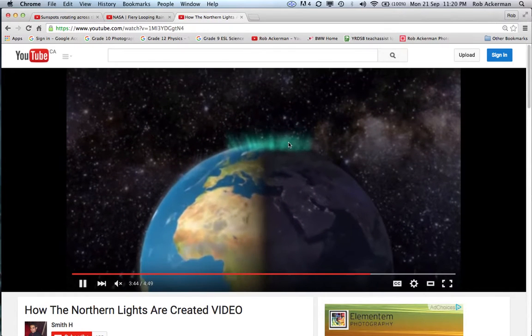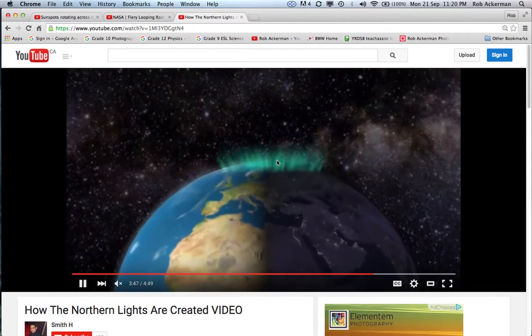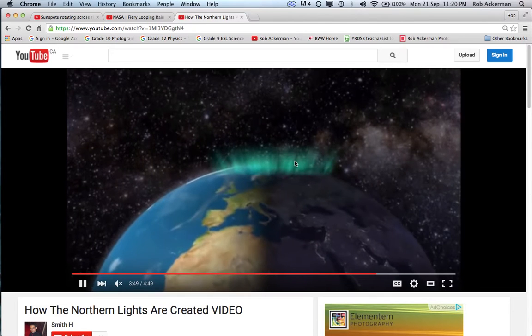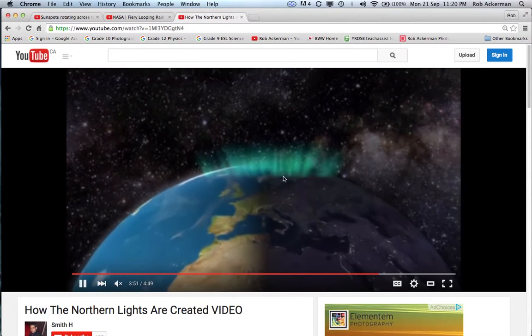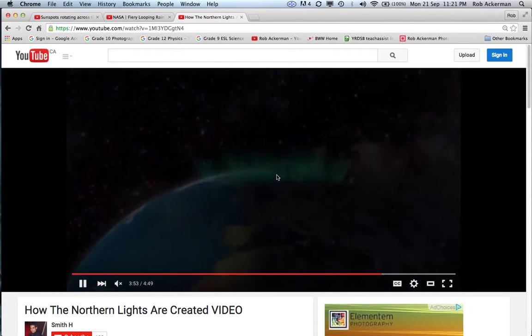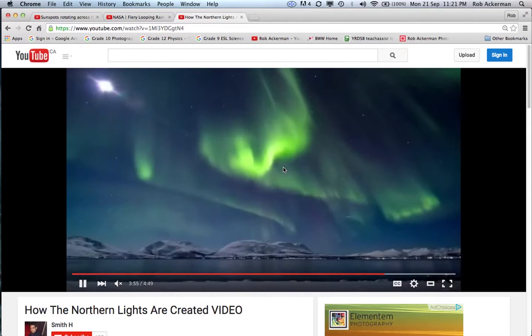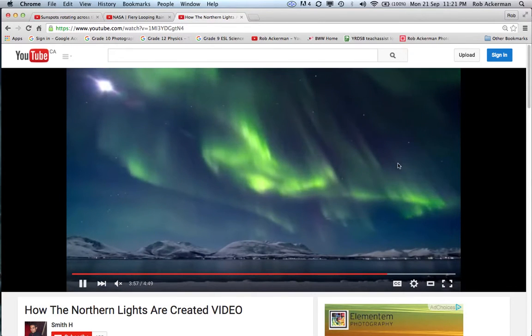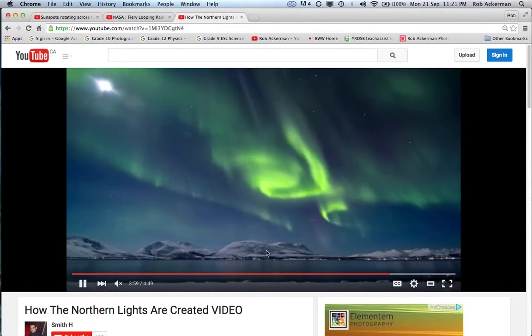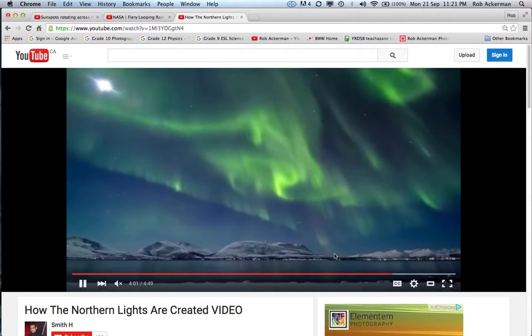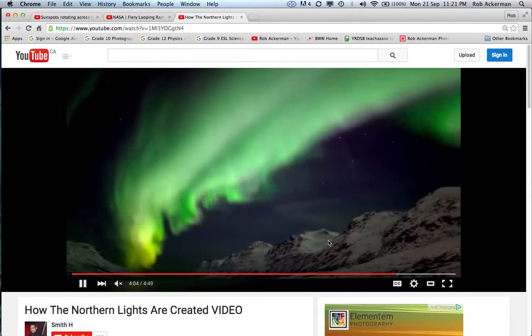And this is not too far from what this looks like if you're up in space. I've never been in space, of course, but if you look at the images, movies from the space shuttle, that's what they show you. This is what it looks like down on Earth. I've only seen the northern lights myself two or three times, and they weren't like this.